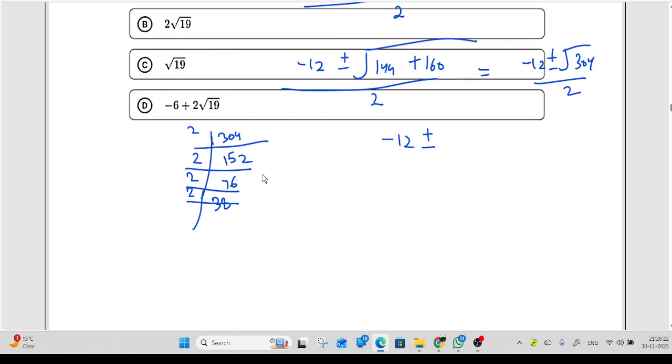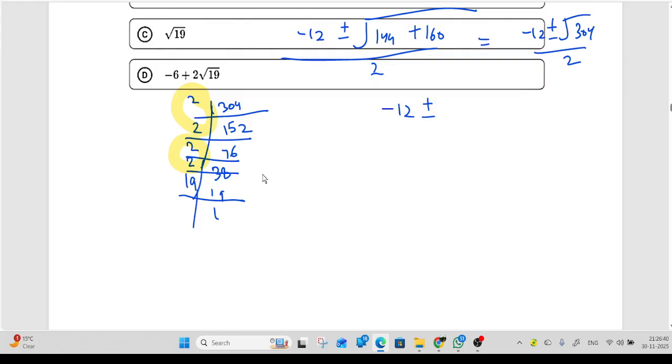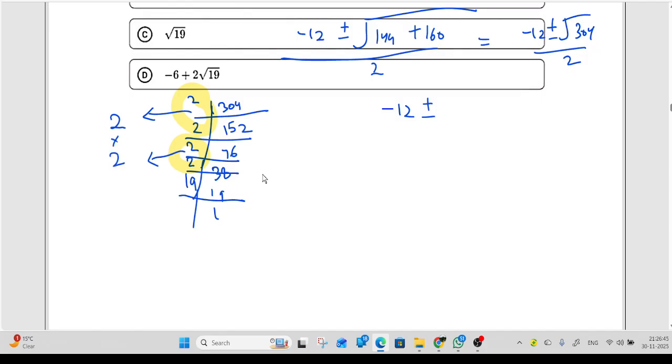Then again you divide by 2, you get 19. Then 19 divided by 19, because it only comes in the 19 times table, you get 1. Now you make pairs of 2: 2, 2. And 19 is just remaining like that. So for each pair you get one number. Then you multiply them, 2 times 2 is 4. So that means you can take 4 out of the square root, and 19 is remaining inside the square root. This is your answer. Now you divide each of them.